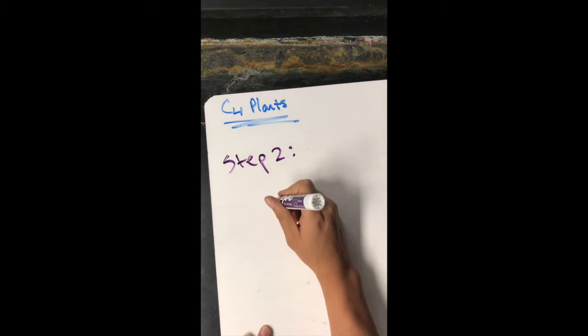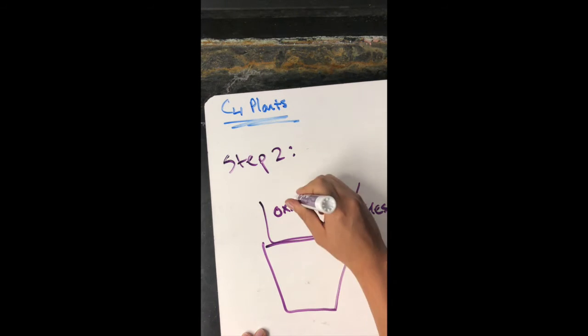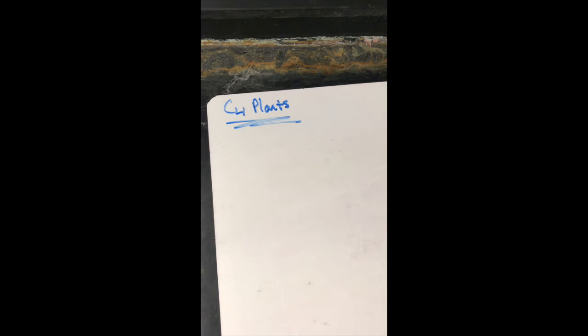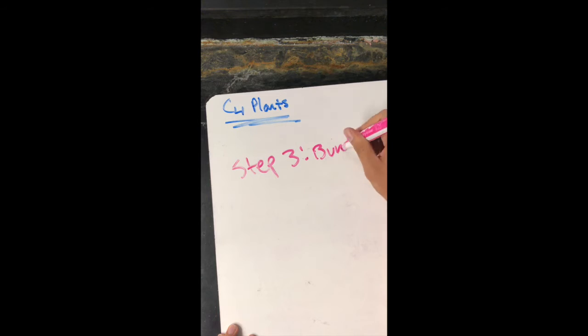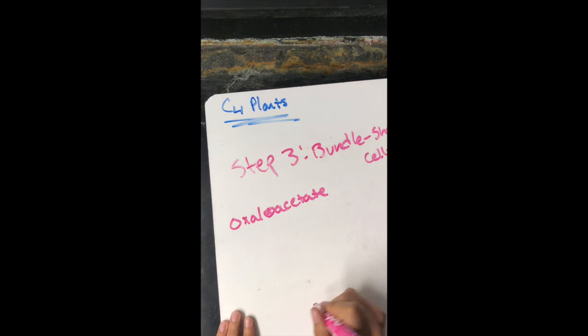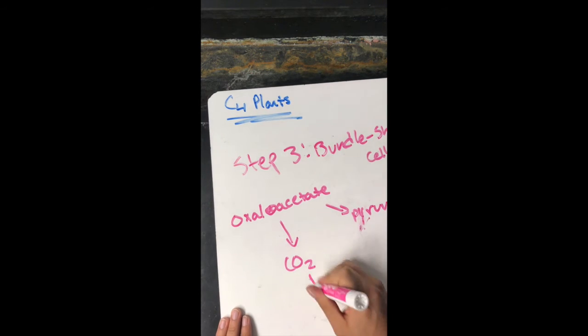In step 2, the mesophyll cells export their products to the bundle sheath cells through plasmodesmata. And step 3, the final step, happens in the bundle sheath cells. The 4-carbon compound releases CO2, which generates pyruvate. CO2 goes into the Calvin cycle, and pyruvate goes to the mesophyll cells, where ATP is used to convert it back to PEP, allowing the cycle to continue.